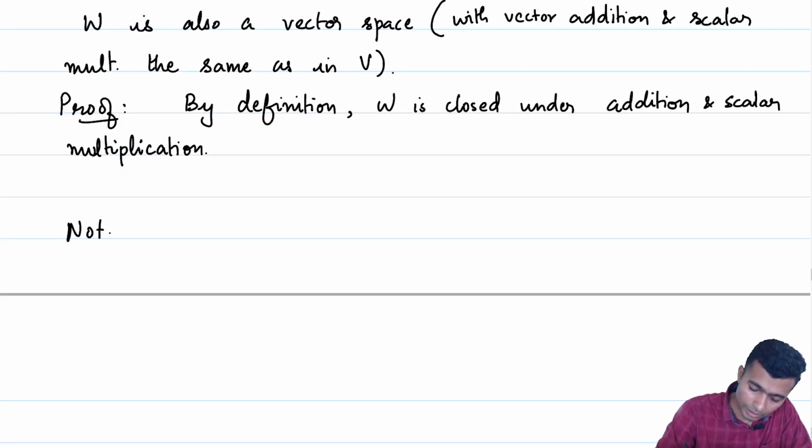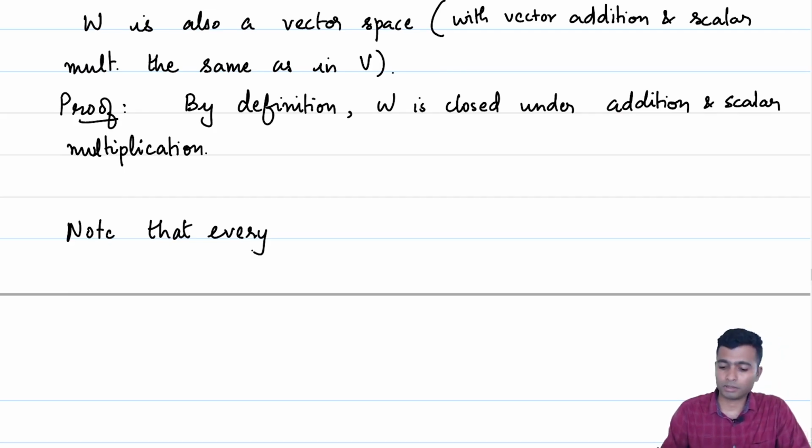Note that every property except, did we say 3 and 4 or 4 and 5?